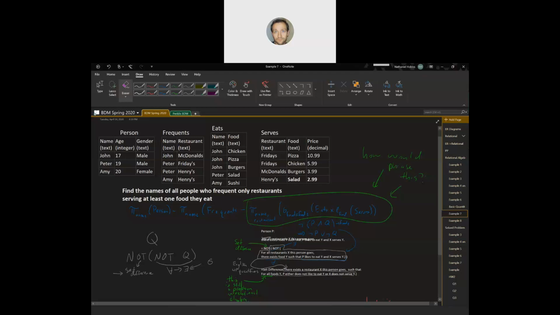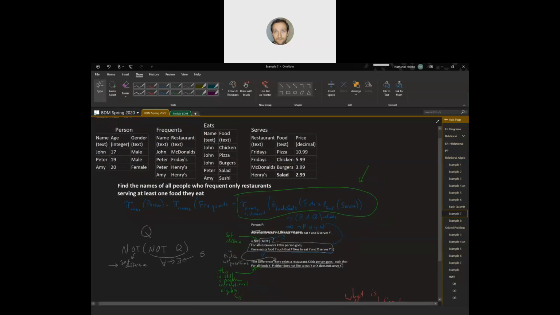So this is, I guess, name, restaurant. So this is the pie here.